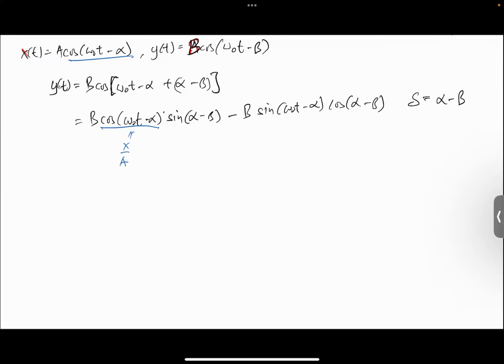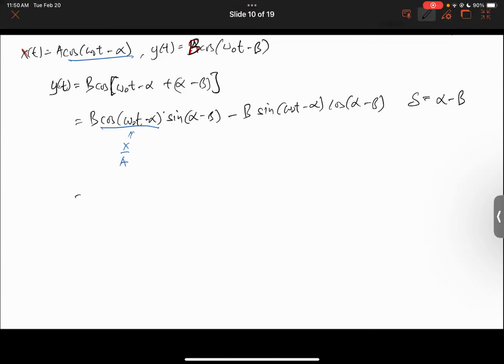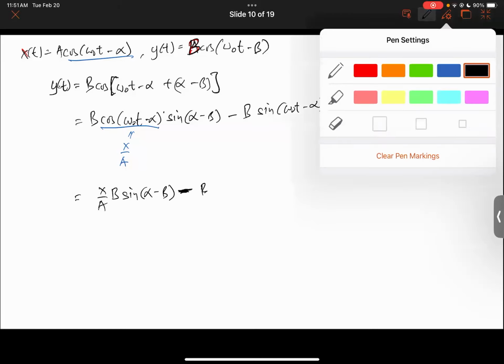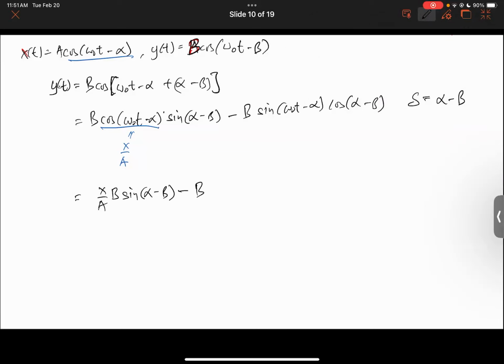This gives us x over a times b sine alpha minus beta, minus b, sorry, and since sine is equal to the square root of 1 minus cosine squared, this becomes the square root of 1 minus x squared over a squared times cosine alpha minus beta.